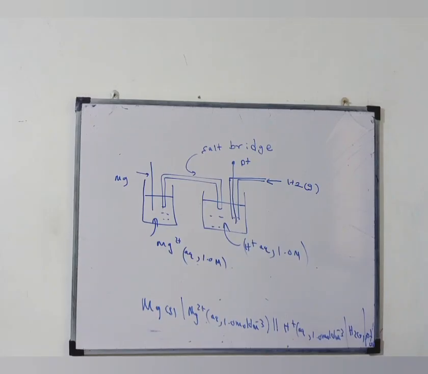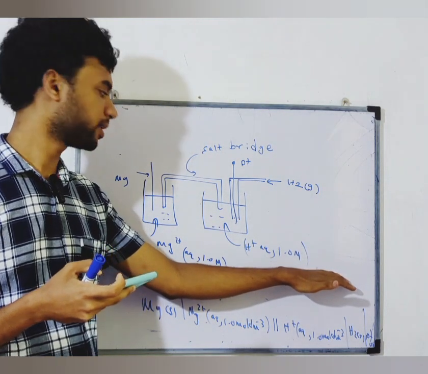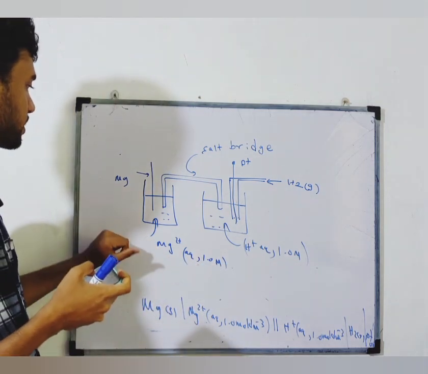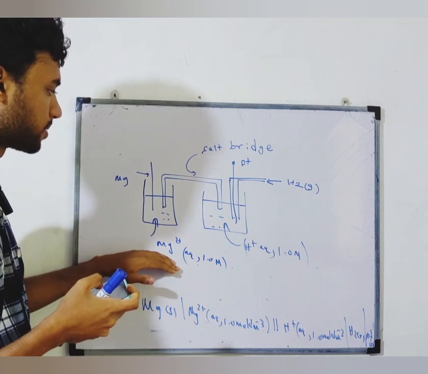Question number 26. Which of the following correctly denotes the standard galvanic cell constructed by using the standard hydrogen electrode, the standard magnesium electrode, and a salt bridge at 298 Kelvin? To save time I drew the diagram. So you can see the magnesium electrode is there and the magnesium 2 plus cation solution is there.